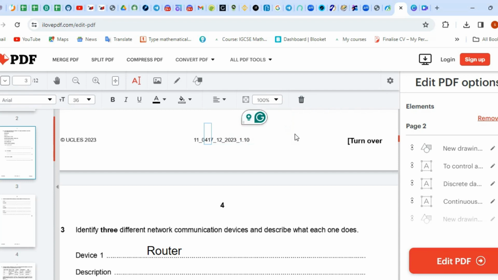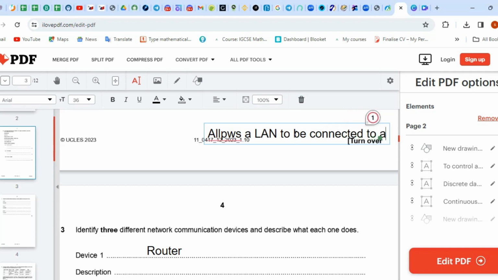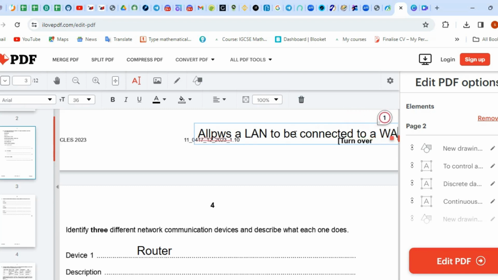A router allows a LAN to be connected to a WAN, or say to the internet.